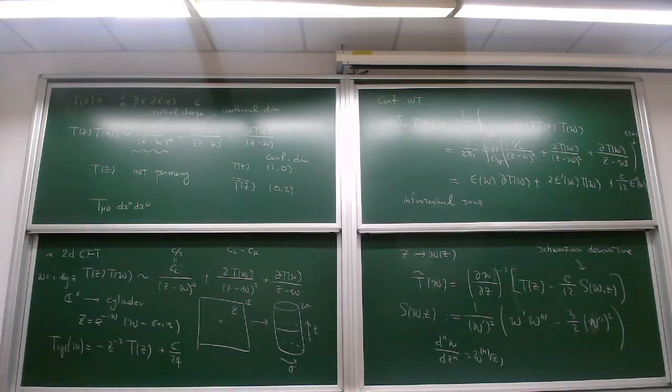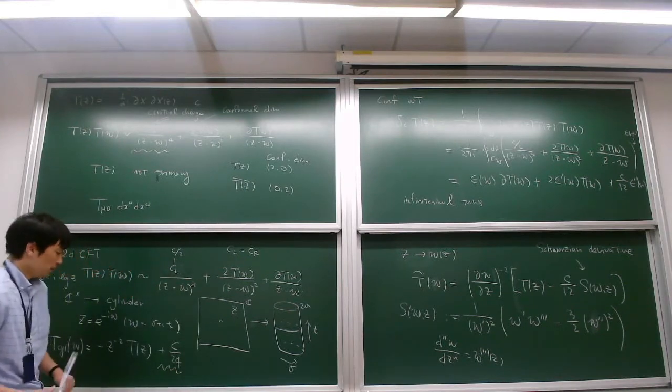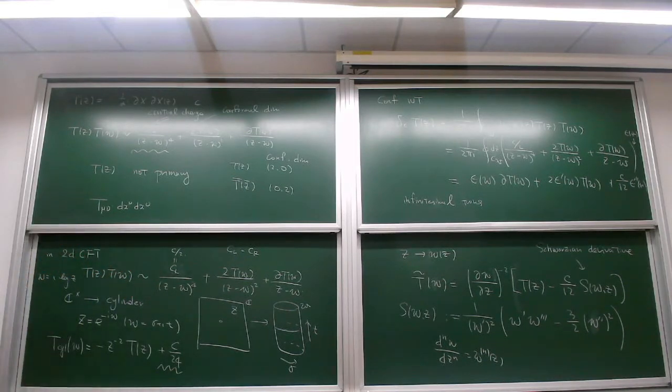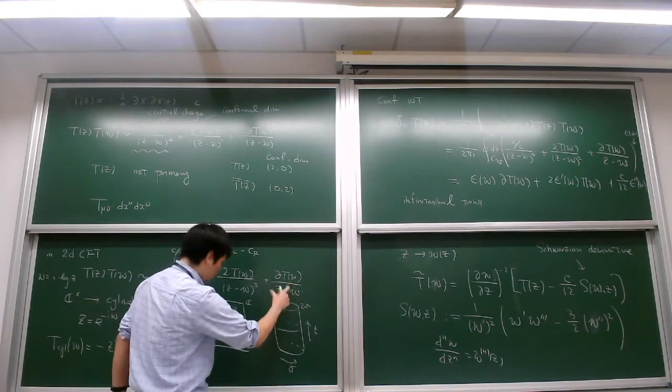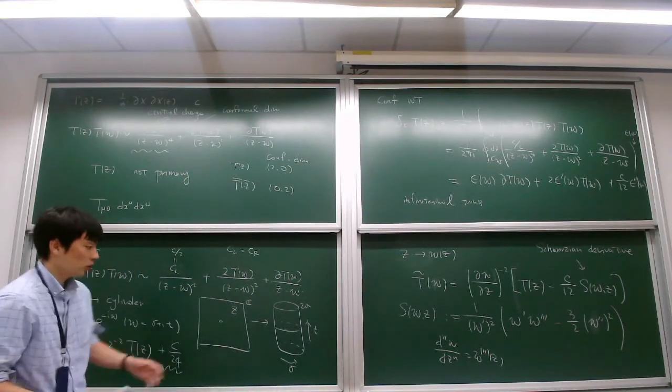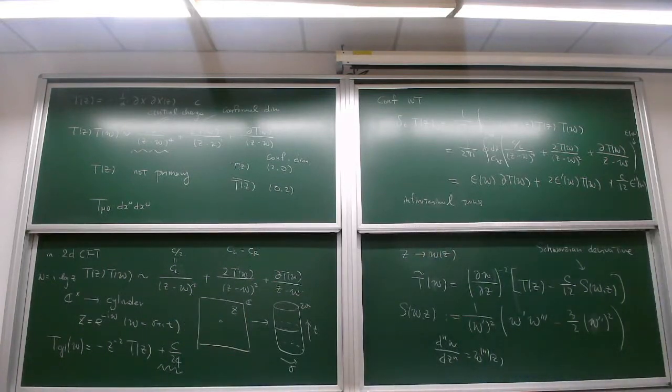Okay. So this will give you the so-called ground state energy. The cost of this transformation is, if you map to the cylinder, what you obtain is the ground state energy, or vacuum energy, for this 2D CFT.